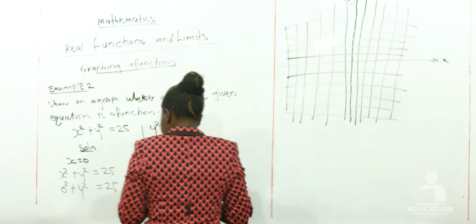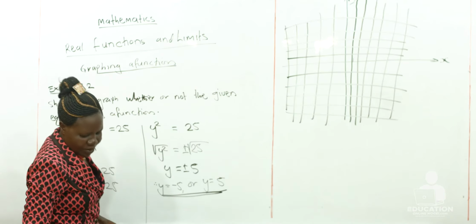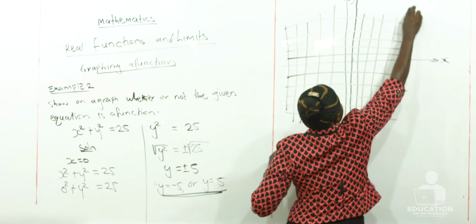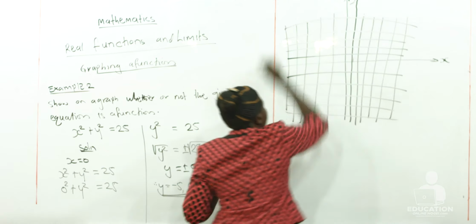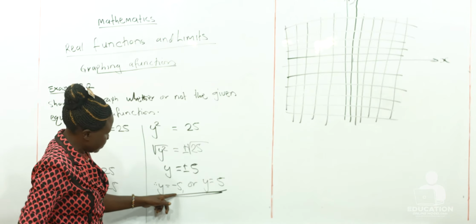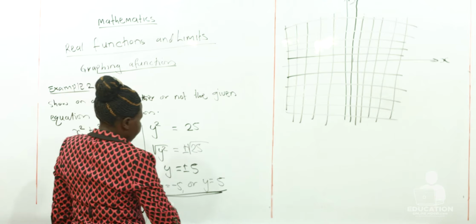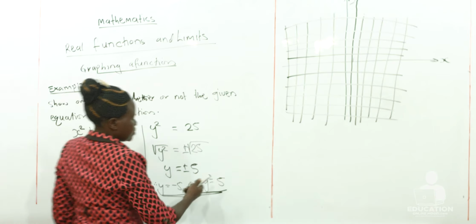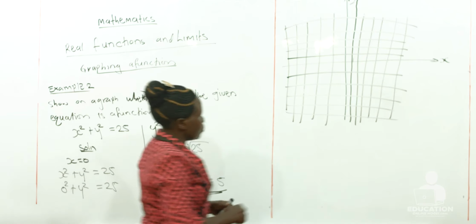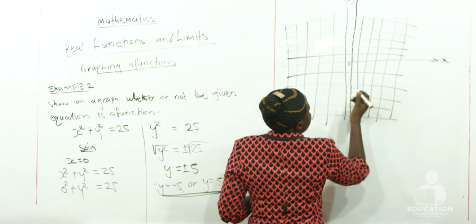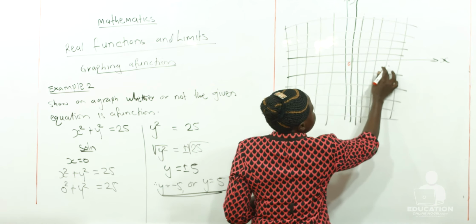So learners, we take that one to be our graph, and if we are to plot it, we look at the y-axis. We find that we have negative 5 and positive 5. So you show it on your graph here. We say this is our 0, and then this is 1, 2, 3, 4, 5.